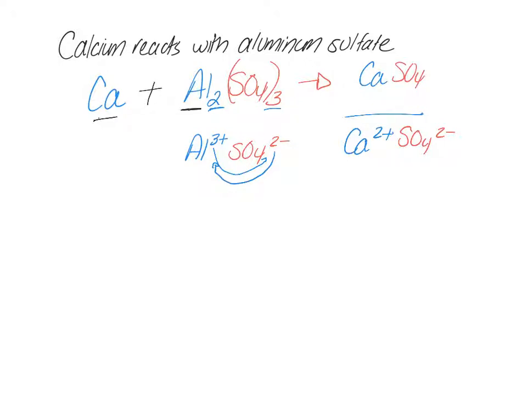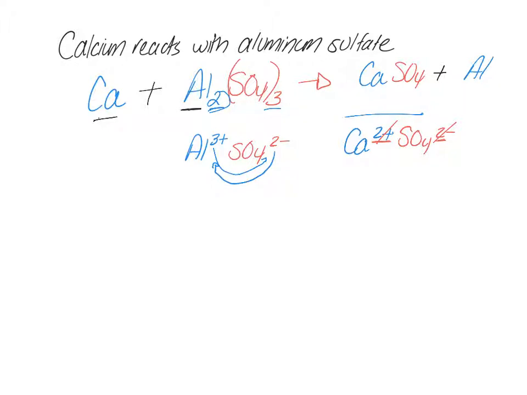And the reason I don't have any extra subscripts is because this is 2 positive, this is 2 negative, they cancel each other off. And then who's left without a dance partner? Well, that would be aluminum, right? And that would just be Al, no subscripts, because it's not a diatomic or anything like that. You don't bring the subscript from over here back over either.